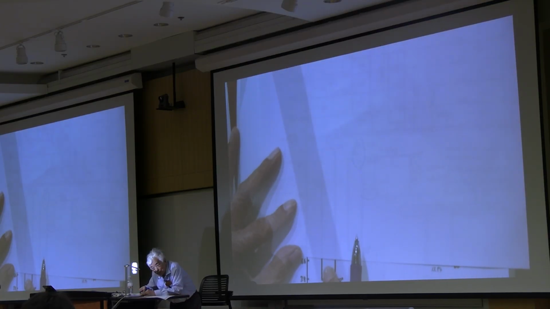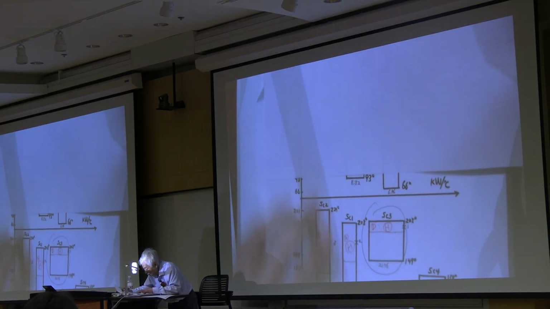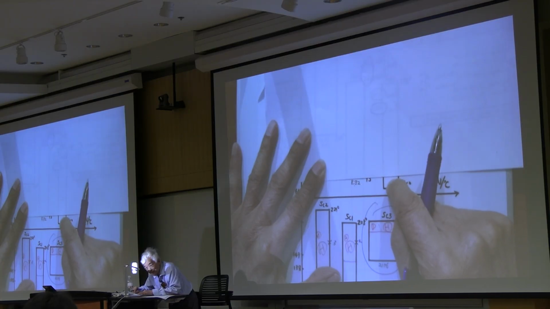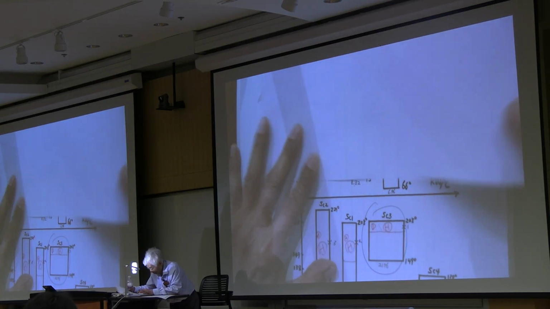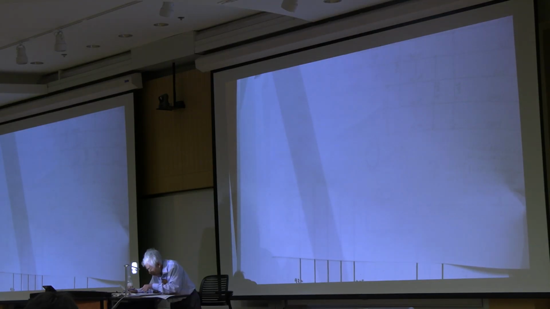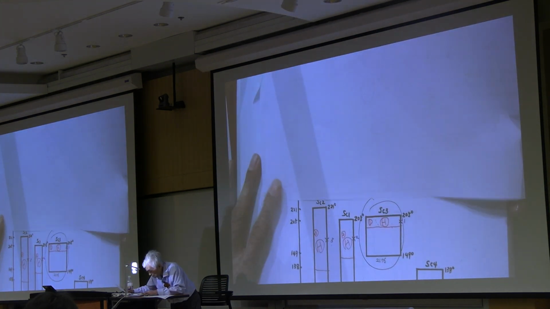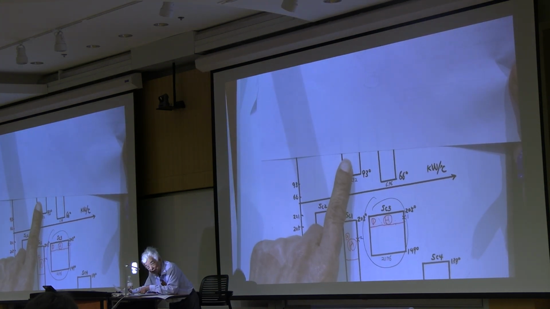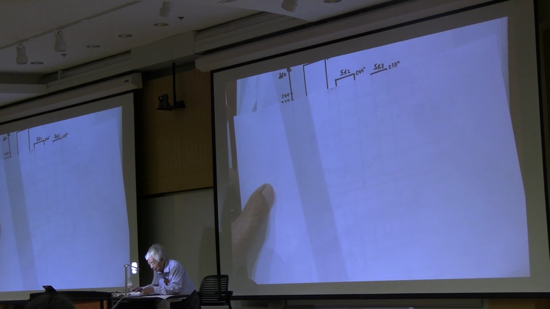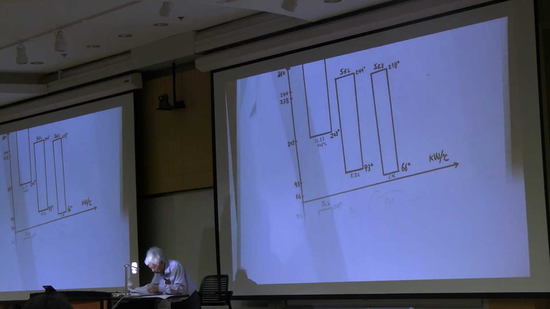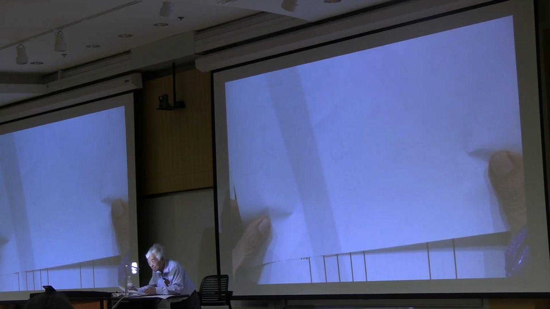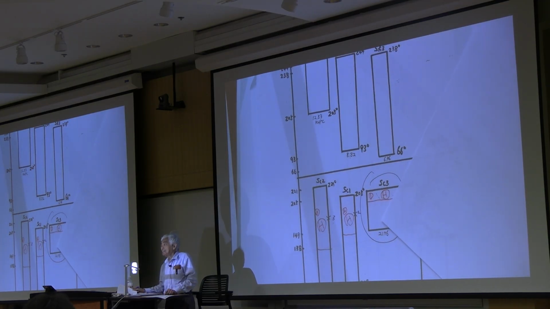Lowest temperature portion of hot stream exchanges heat with lowest temperature portion of cold stream. Second lowest temperature portion of cold stream exchanges heat with second lowest temperature portion of hot stream. So get a piece of paper, top down, bottom up. That's how you try to determine hot and cold.